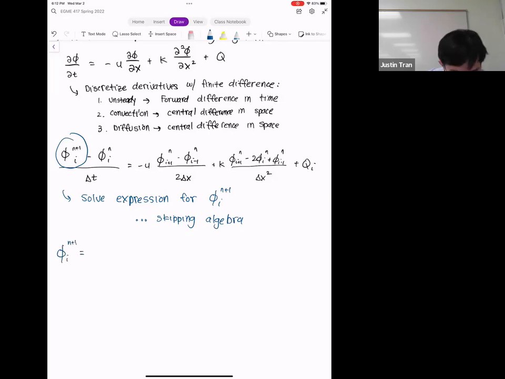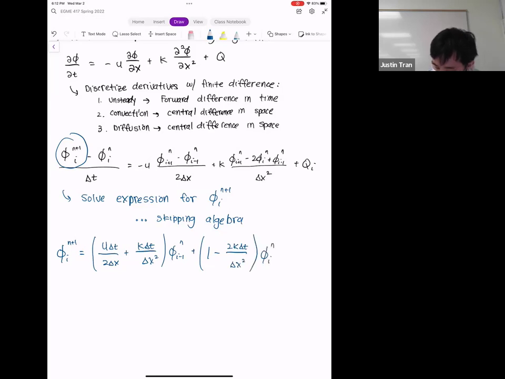Okay, so we have phi i n+1 is equal to u times delta t divided by 2 delta x plus k delta t divided by delta x squared, multiplied by phi i minus 1 to the n. Then you have 1 minus 2k delta t divided by delta x squared, times phi i at the n index.